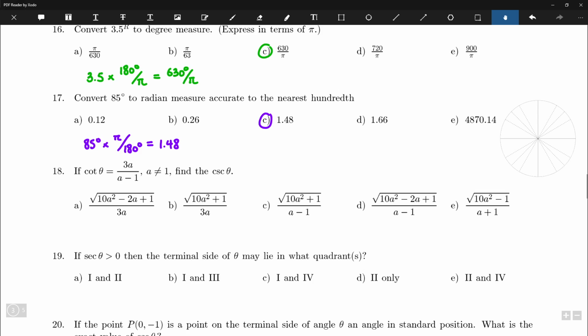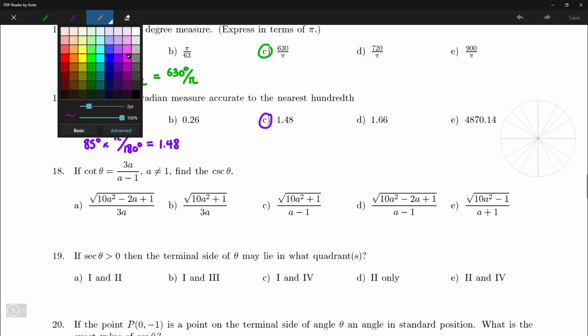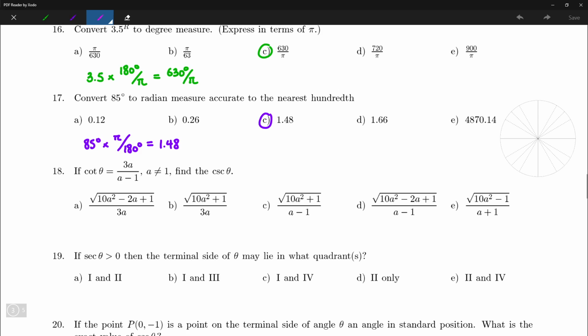Okay, number 18. If cotangent theta is equal to 3a over a minus 1, find cosecant theta. Okay, so in this case, notice that cotangent theta is equal to x over y.